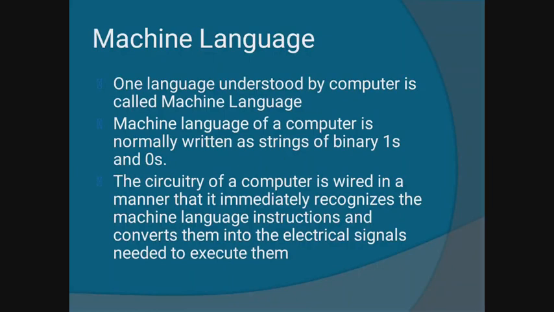A language which is understood by computer. Computer can understand only zeros and ones, the binary code. They cannot understand anything other than zeros and ones. So they need a string of binary codes, ones and zeros only.